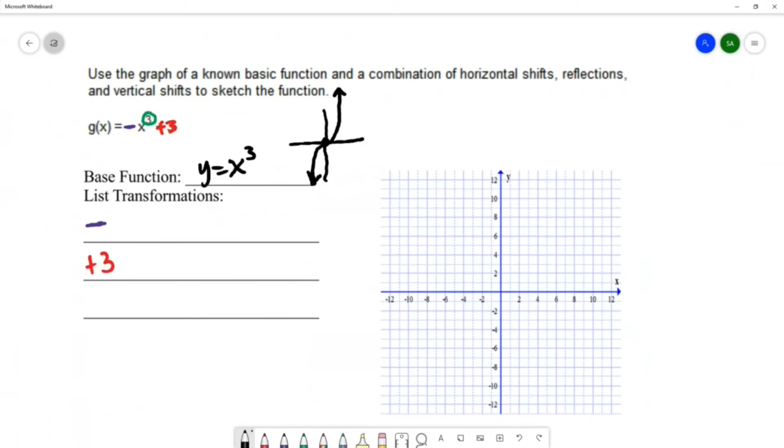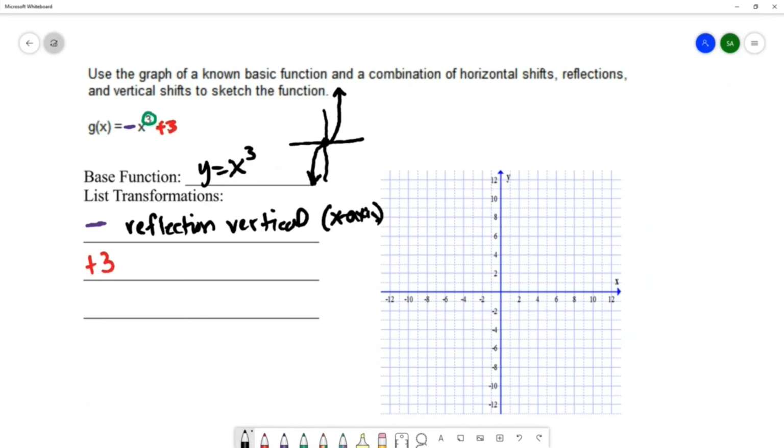Now, with my transformations, I need to have them memorized, and whenever I have a negative multiplied, I'm going to have a reflection. When the negative is multiplied on the outside, like this one, it's a vertical reflection. So that's a reflection over the x-axis.